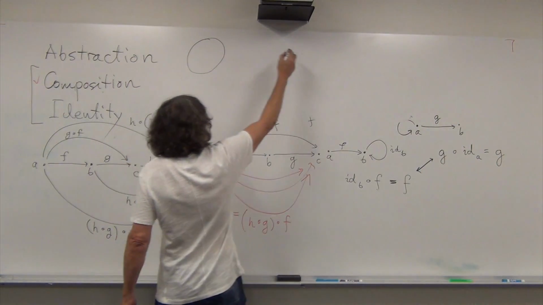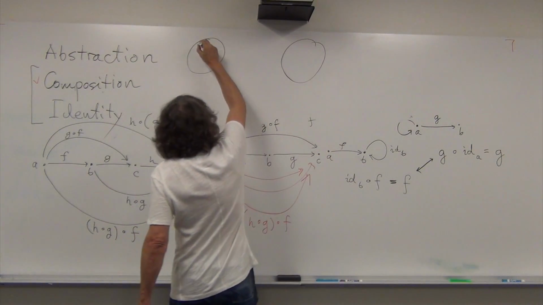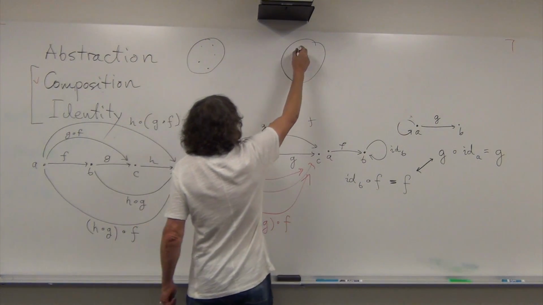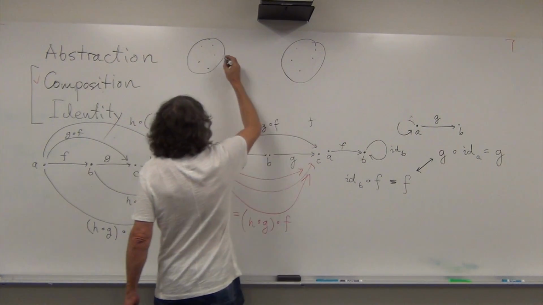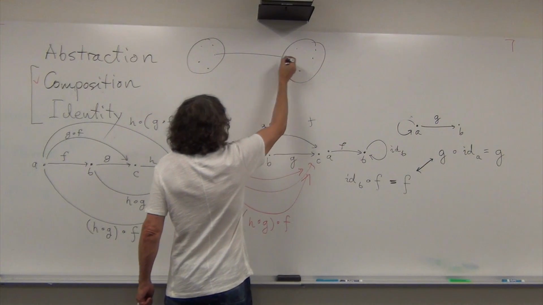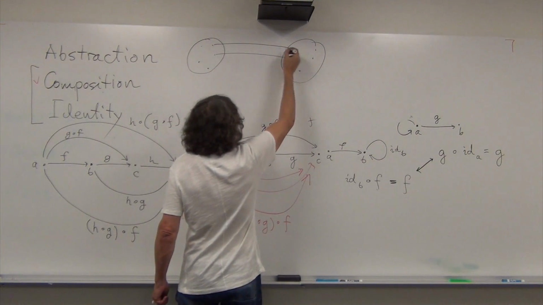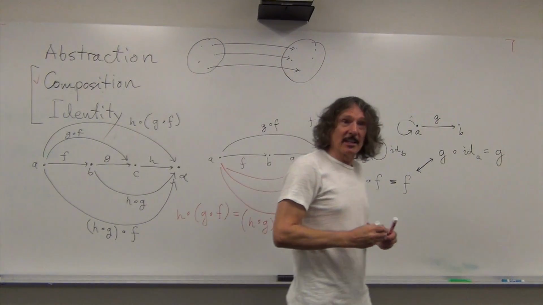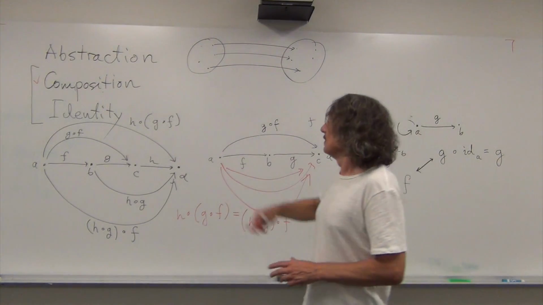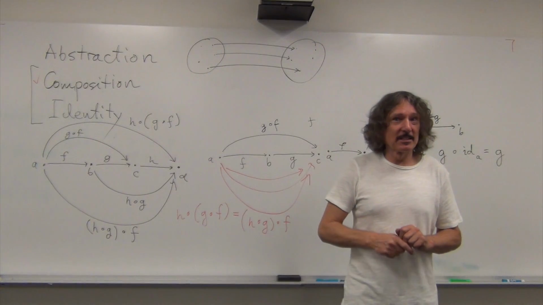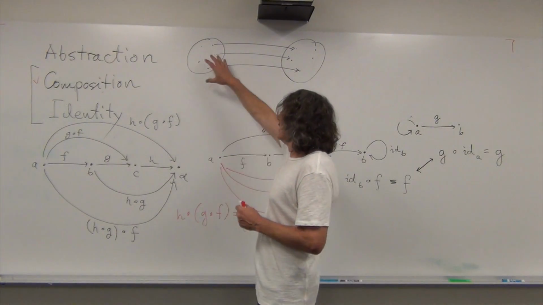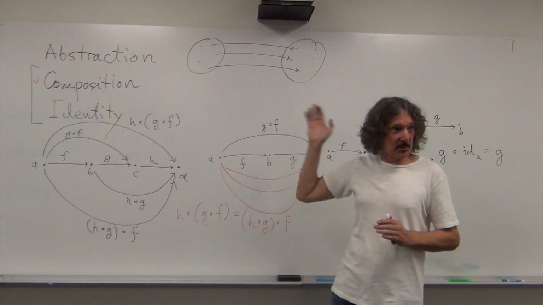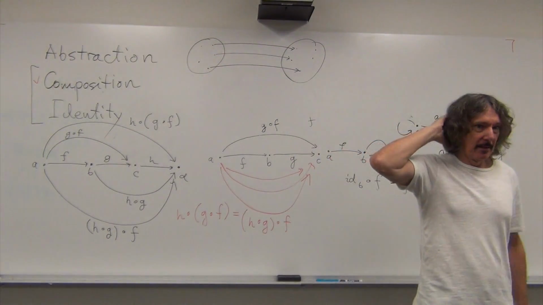So it's like you have one set, you have another set. Here you have elements of this set, elements of this set. And the function sort of takes elements of this set into elements of this set. And again, I'm using the arrows. But these are different arrows. These are not morphisms, right? So one function corresponds to one morphism, right?